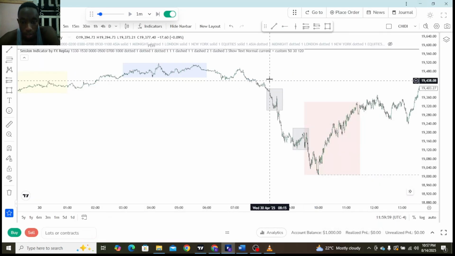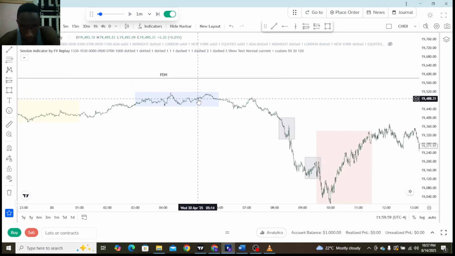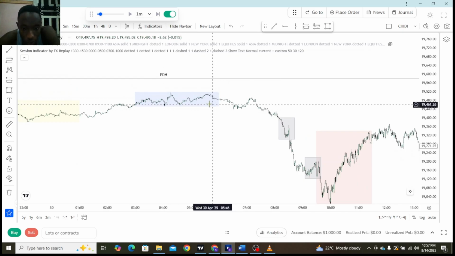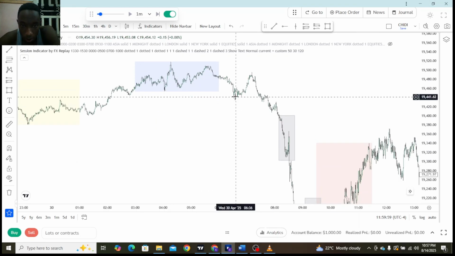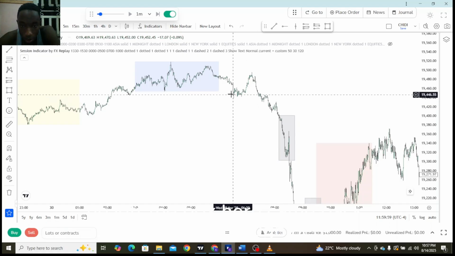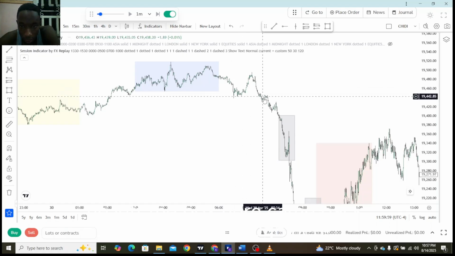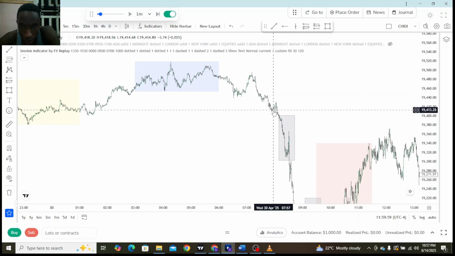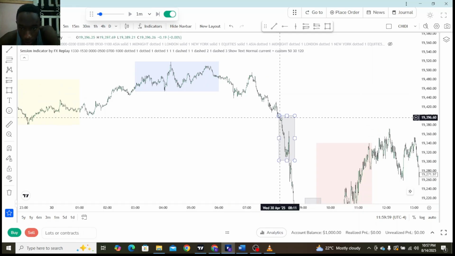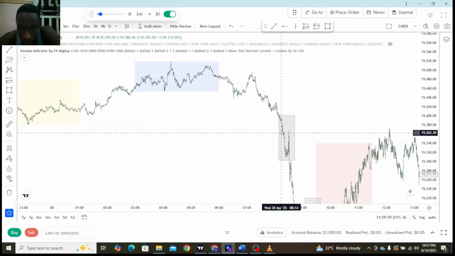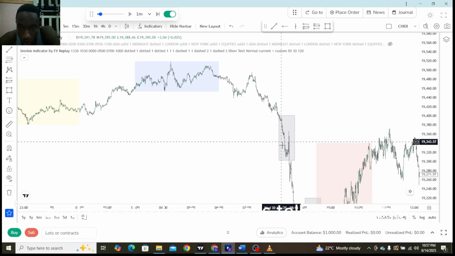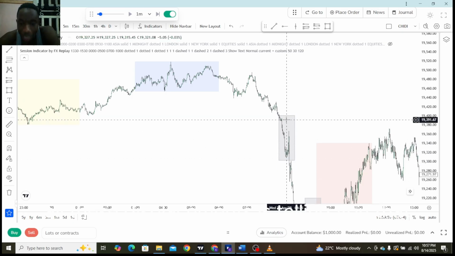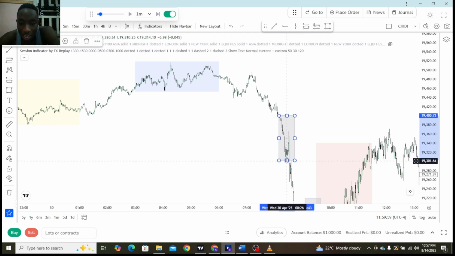As you can see here, this was the first stage original consolidation during London. Then what happened? It left the box here, came back, displaced through here, displaced here, retraced, displaced. So all these displacements are telling you that it already did a first stage accumulation.